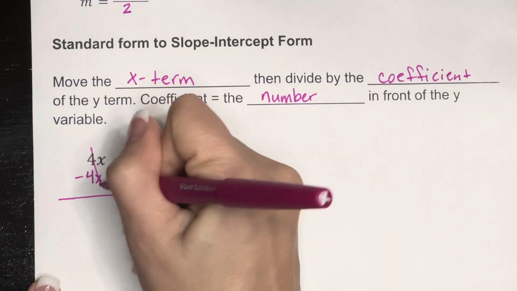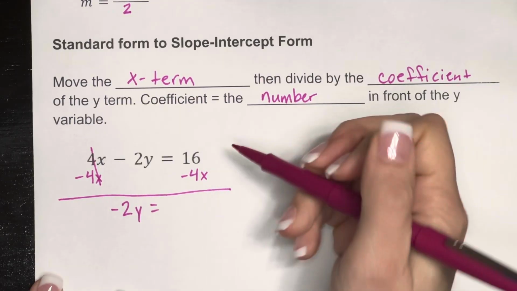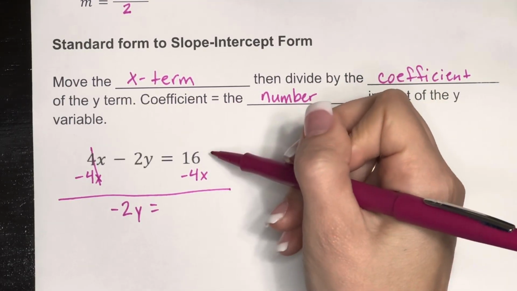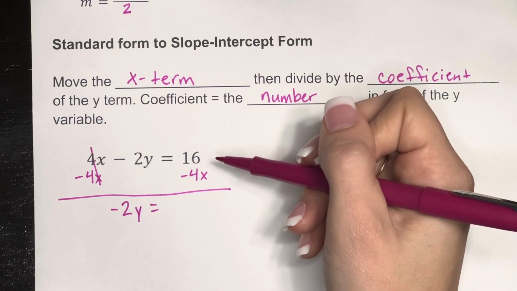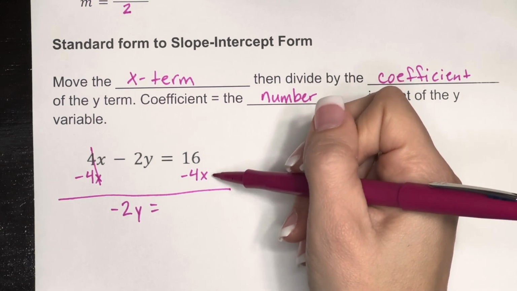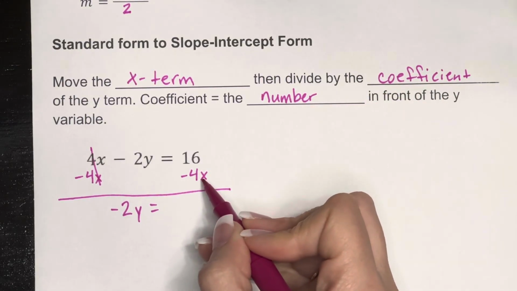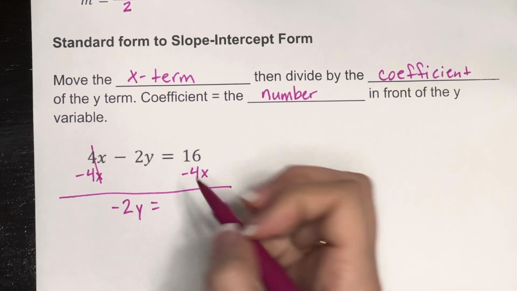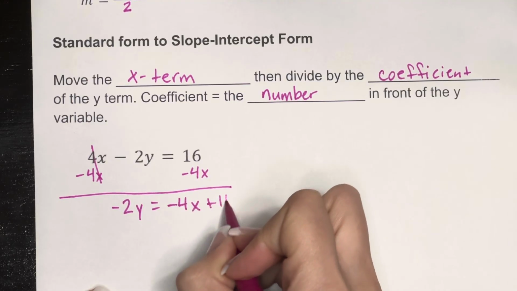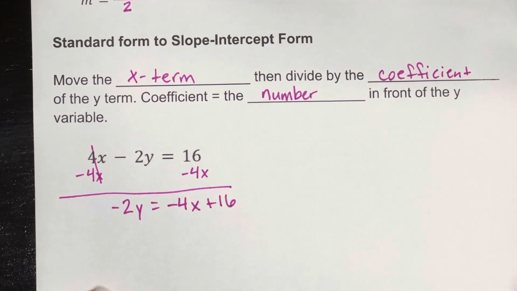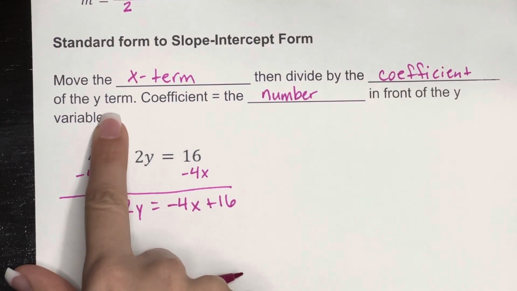Okay, our x's cancel here. Bring down our -2y is equal to, can I subtract 4x from 16? No, why not? Because one has a variable and one does not. So these are going to be two separate terms. I'm always going to write my x first because we're talking about linear equations. So that is going to end up being part of our slope. Okay. Step 2 says divide by the coefficient in front of y.